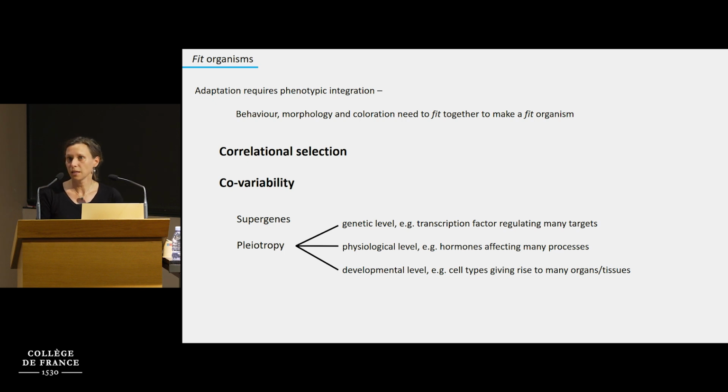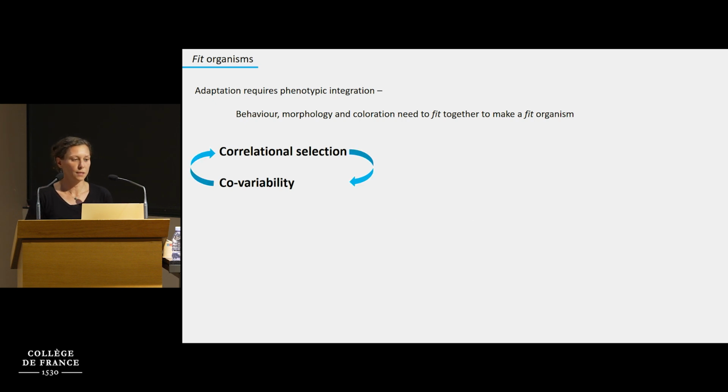At the physiological level, when hormones influence many other biological functions, and at the developmental level, when cell types give rise to many other cell types, and therefore you can have knock-on effects that link different traits together. And although I present these two here as alternatives, obviously they are intertwined, and the selective side is influencing the generative side and vice versa. So these are really fundamentally two sides of the same coin.